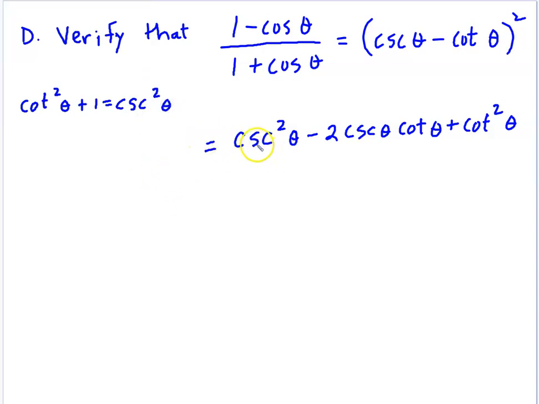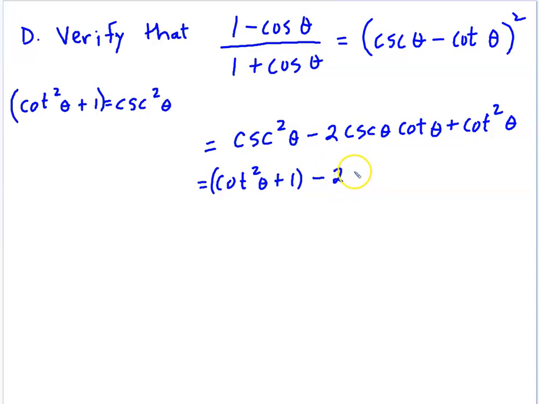So that means that in place of cosecant squared, I can substitute this, cotangent squared theta plus 1. So I'll just put parentheses around that to show that this got substituted. All right, and then I'm just going to keep on working to the right.